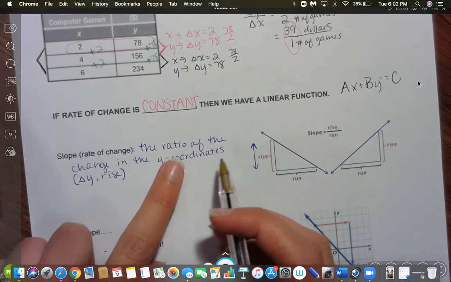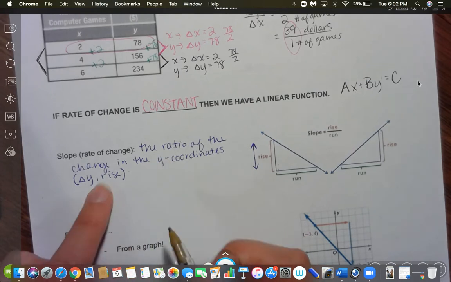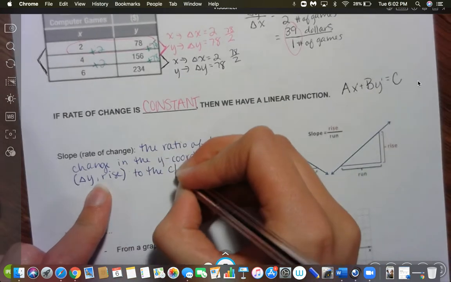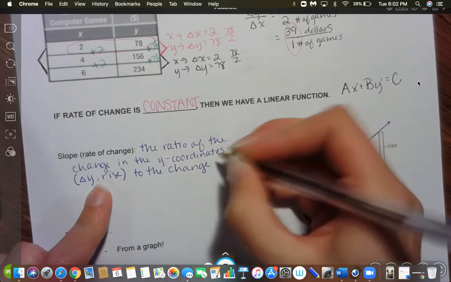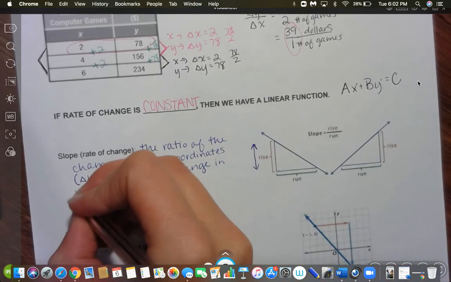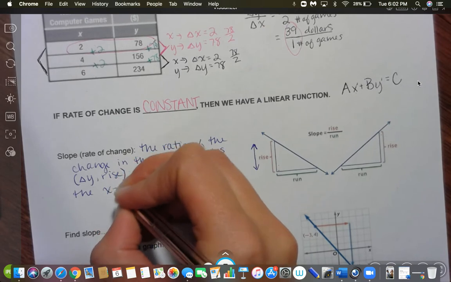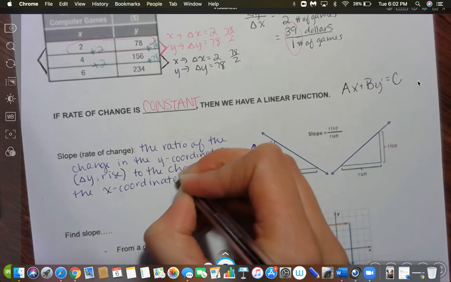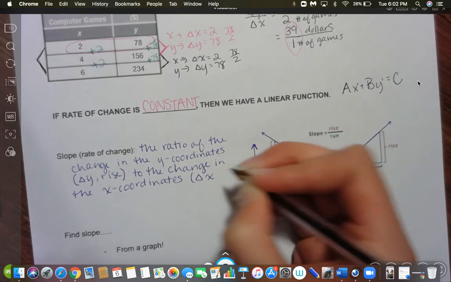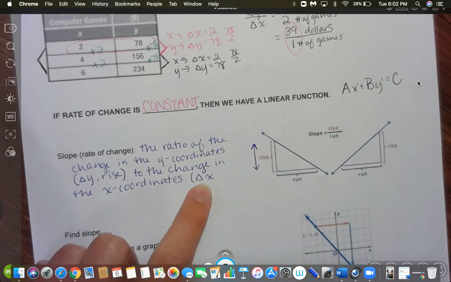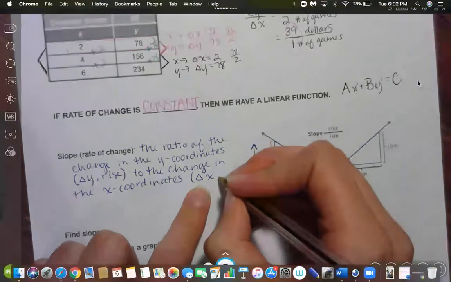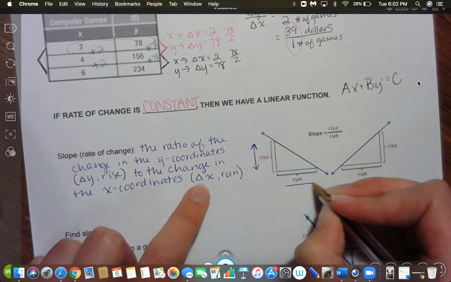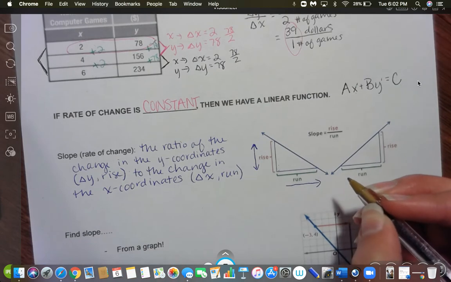So the ratio of the change in the y-coordinates, or our rise, to the change in the, can you guess? In the x-coordinates. And there's the change in x, so we write it like this, delta x, or run. All right, so run, we always just move to the right with that.